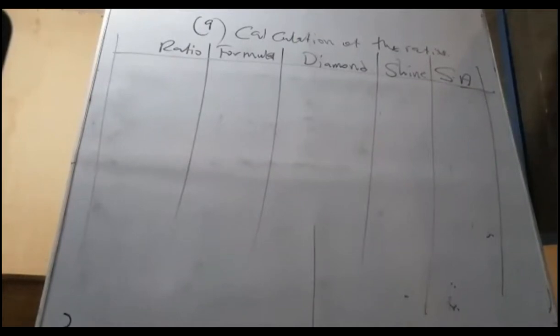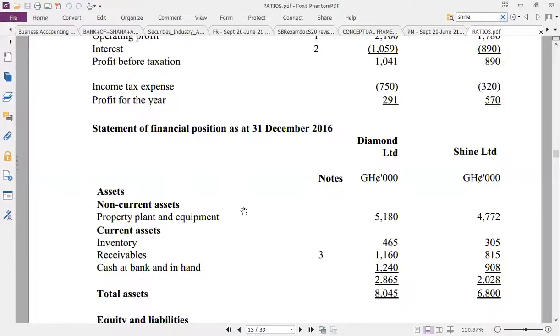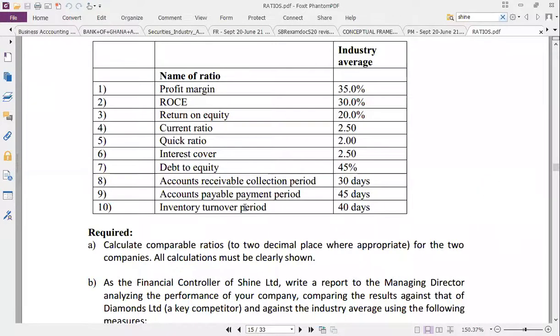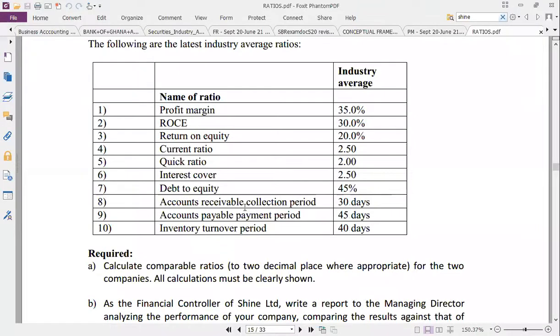So first, let's go and pick the first ratio on the list. The first ratio on the list will be profit margin.